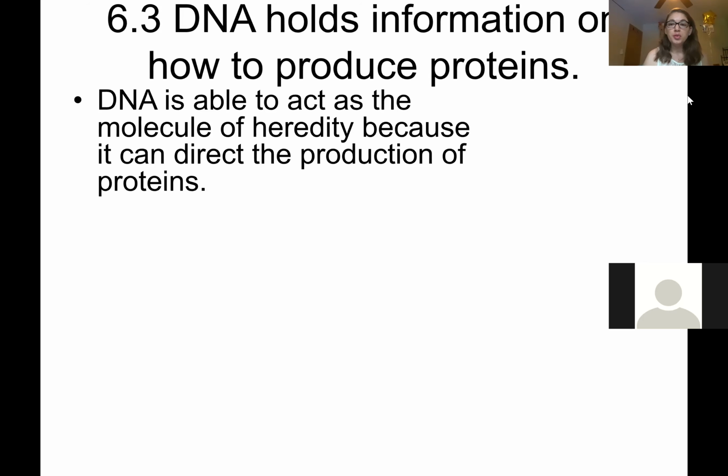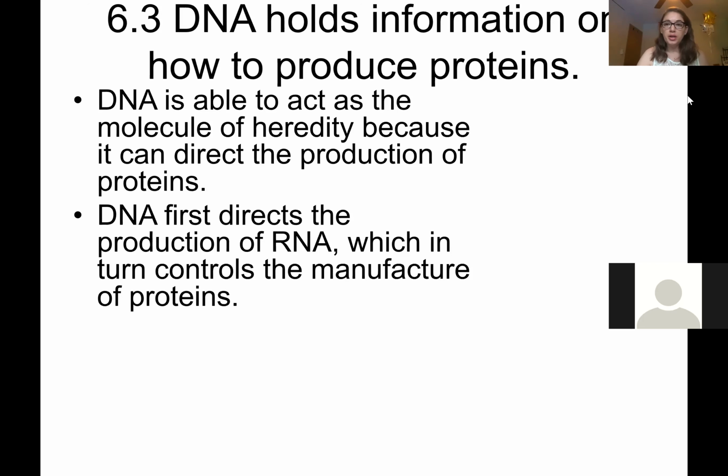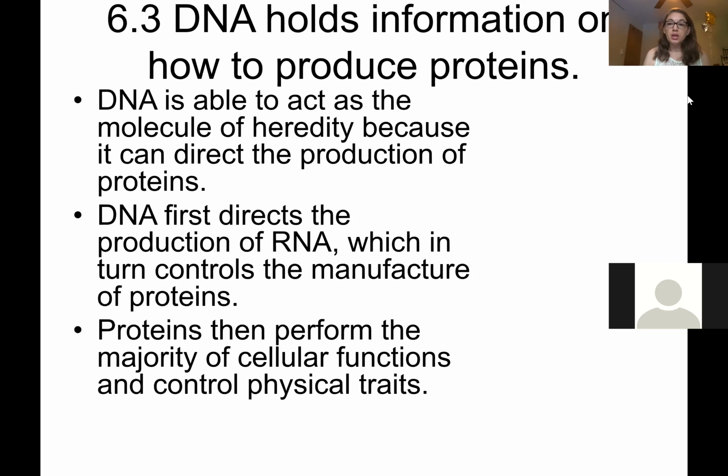Okay, so DNA holds information on how to produce proteins. It is the molecule of heredity because it directs the production of all of the protein synthesis in your body. So what happens is DNA first directs the production of RNA, which happens in the nucleus, and then that RNA leaves the nucleus and goes on to engage with protein synthesis.